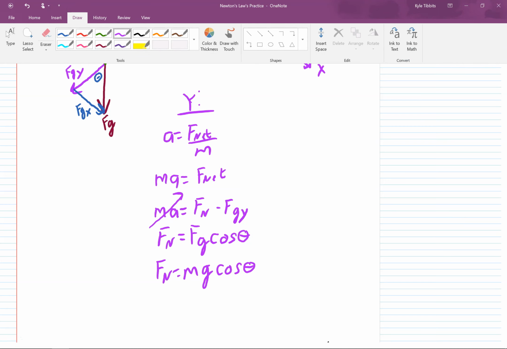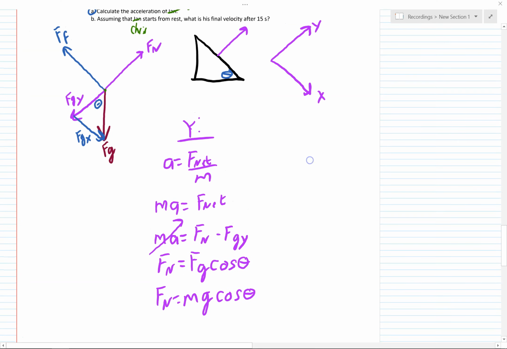Let's stop there and go in the x direction, because we can't break it down any further other than just plugging in our values. In the x direction, Newton's second law, a equals F net over m. This time we want to solve for the acceleration, so I'll keep it on the left side. In the x direction, we have two forces. Fgx is positive, F sub f is negative.